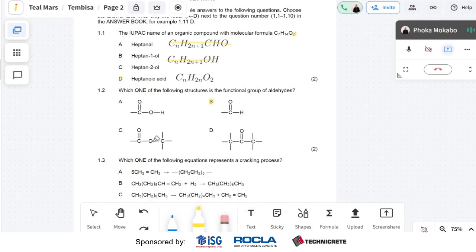C, cross out, because again it has two oxygens, and D is the example of a ketone, where the carbon that carries the oxygen bond is connected to a series of other carbons on either side. So the answer definitely is then B.